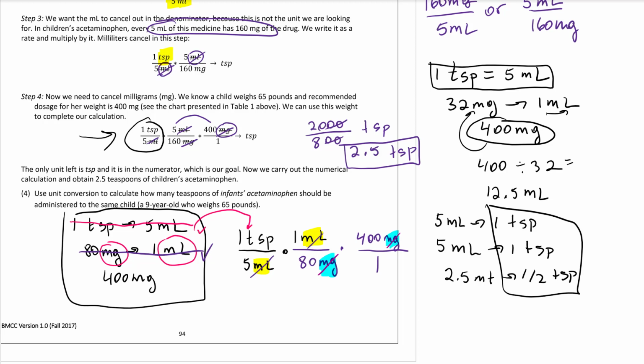Okay. So then if you multiply it across, you get 400 on the numerator, and then you get 400 in the denominator. All right, so what does that mean? This would mean that we're only giving 1 teaspoon.